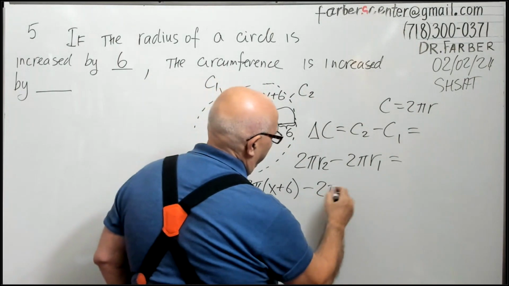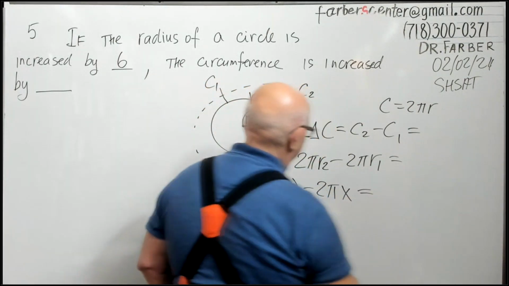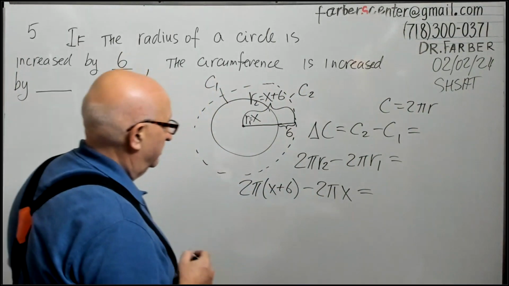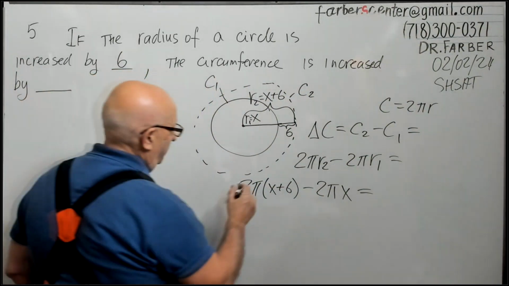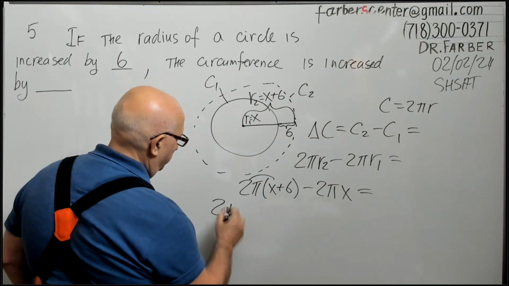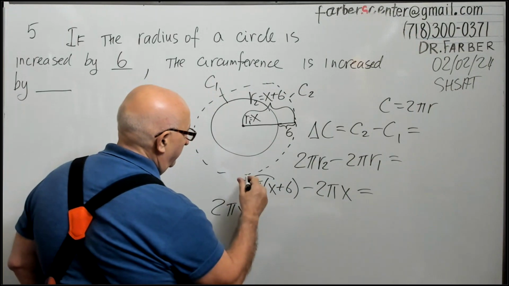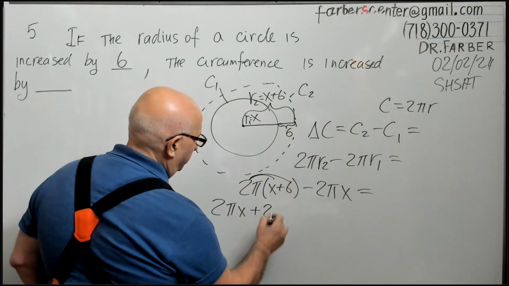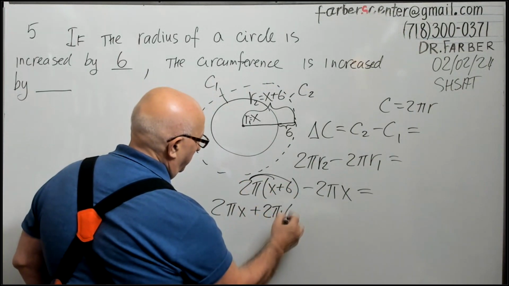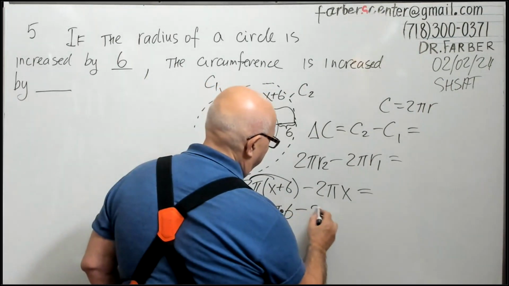minus 2 pi x equals, by the distributive property, 2 pi x plus 2 pi times 6 and minus 2 pi x.